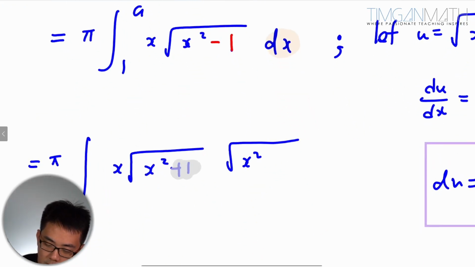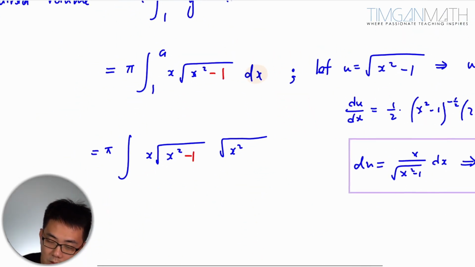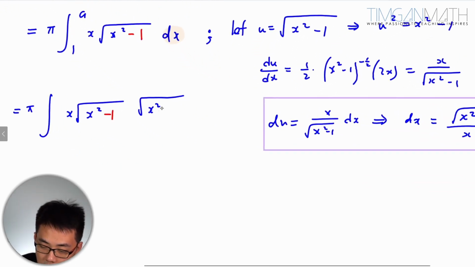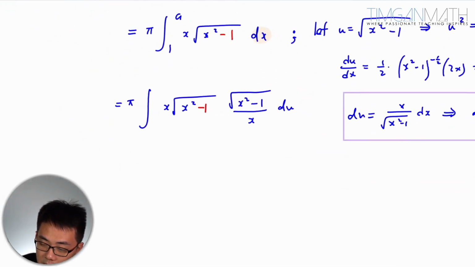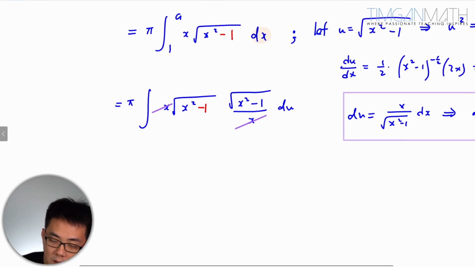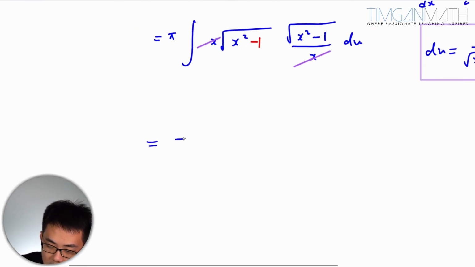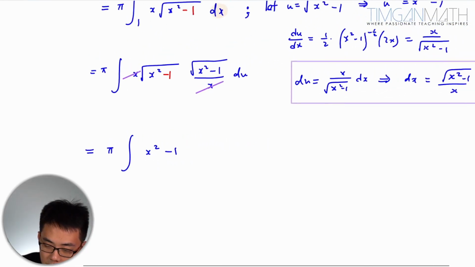Then this will be the square root of x squared minus 1 over x du. You see that this could be cancelled away. And this case here will just be pi times x squared minus 1 du.